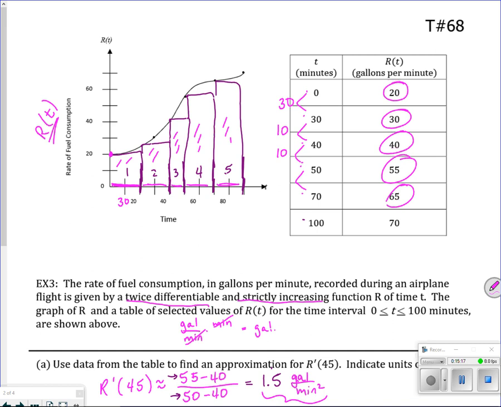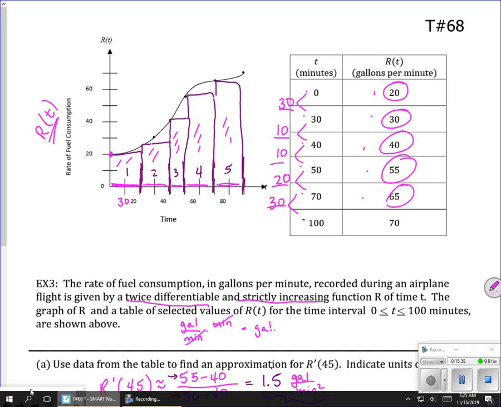I'm not going to redraw, but I think you get the idea. So these are going to be my widths, and then these are going to be the matching heights.